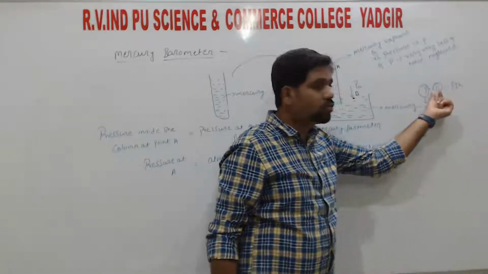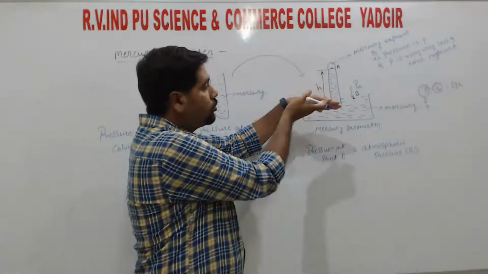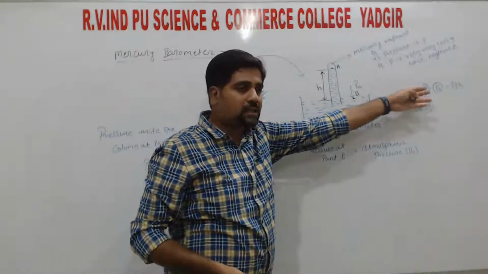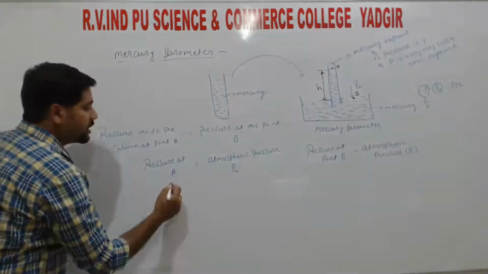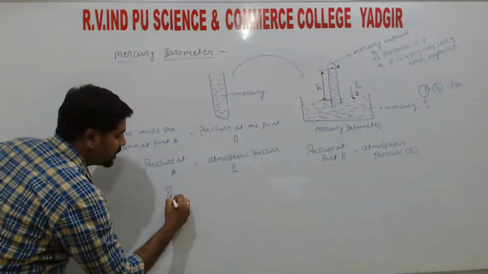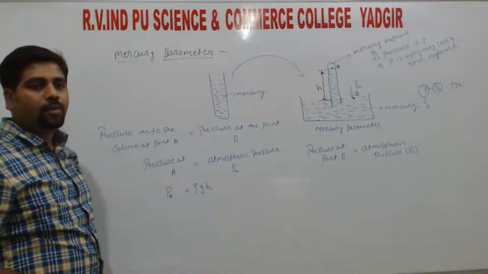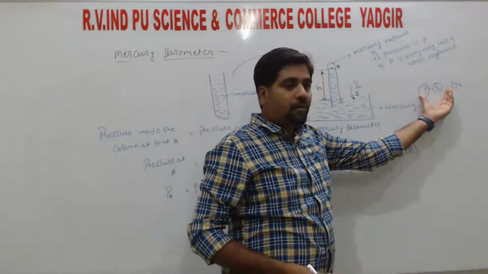In the previous derivation we took depth, which is a positive value. Since here we take it as height, the minus sign cancels. So pressure PA is equal to rho g h. Hence pressure at A we can directly write as rho g h. We are going to measure the pressure, right?